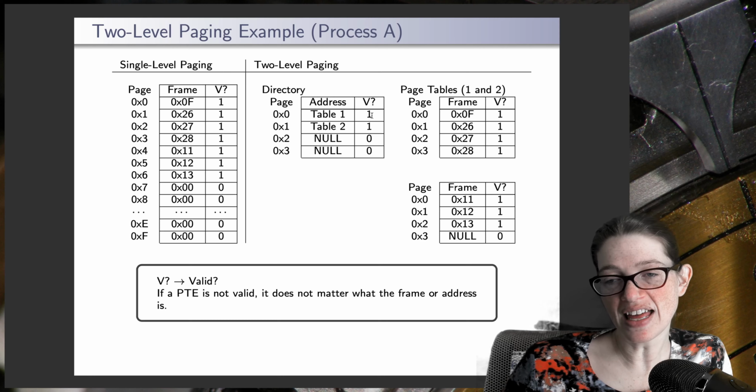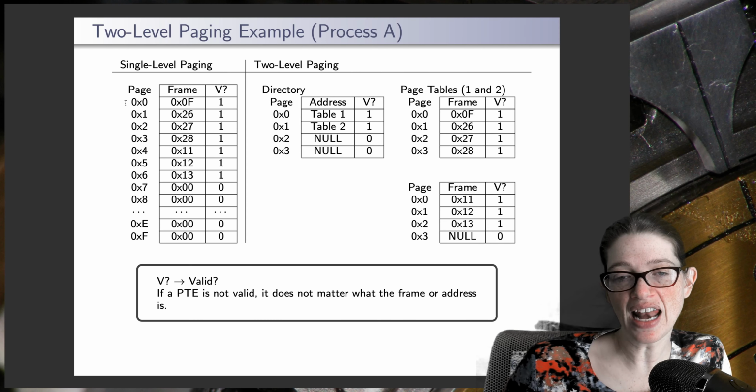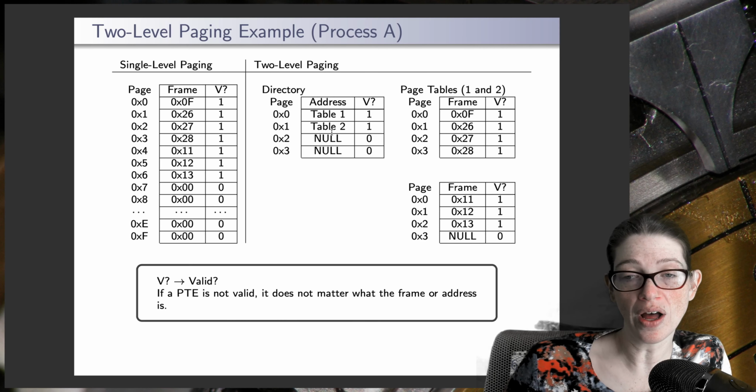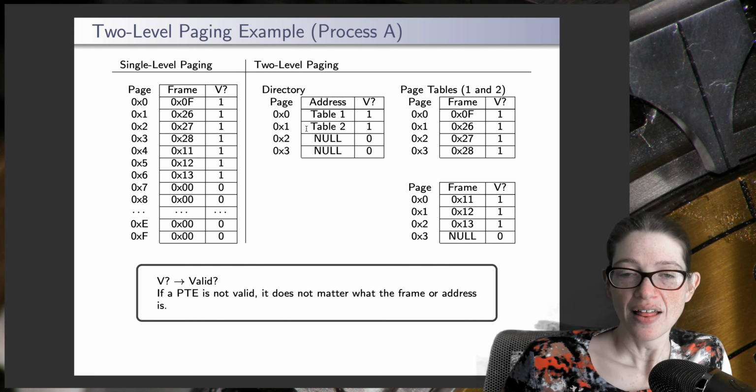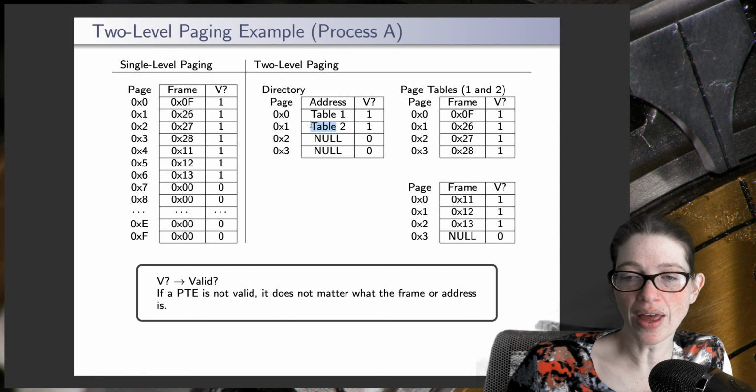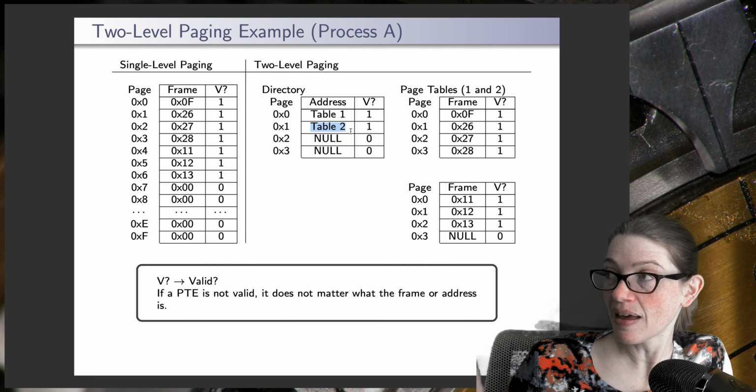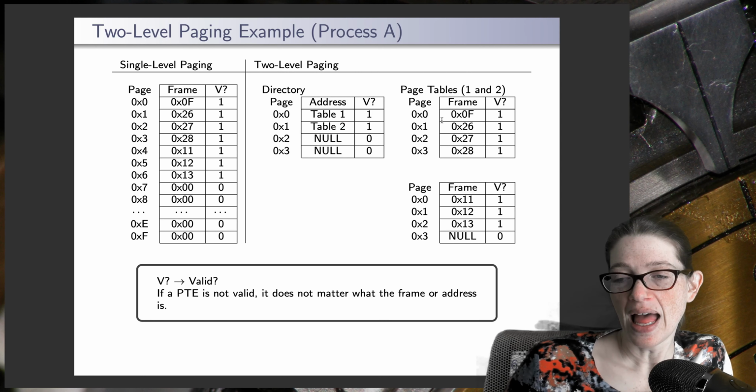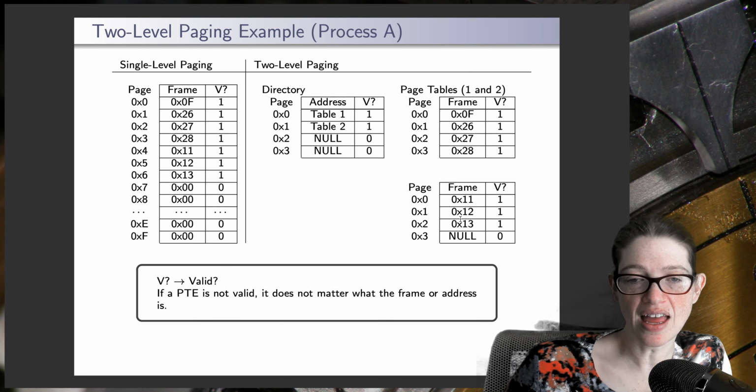So what happens then is if I'm trying to translate an address, let's say page 8 here, or not page 8, let's do this page right here.